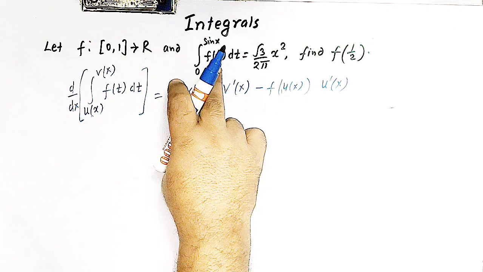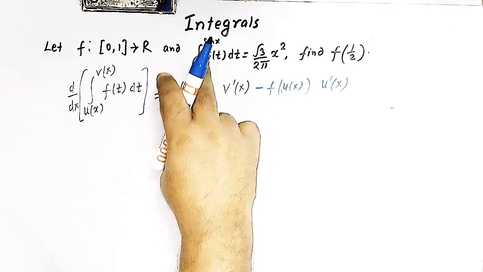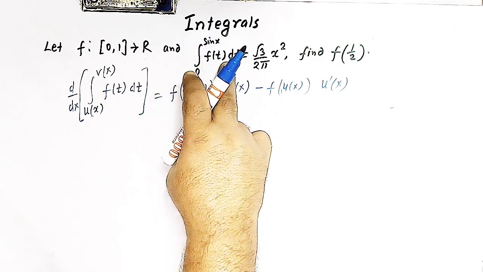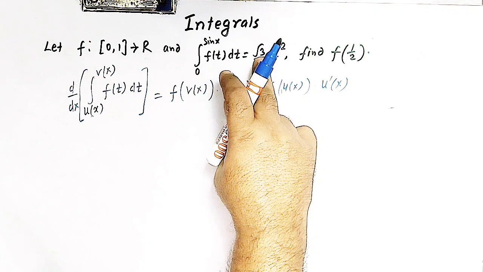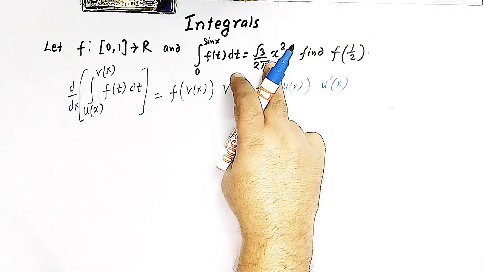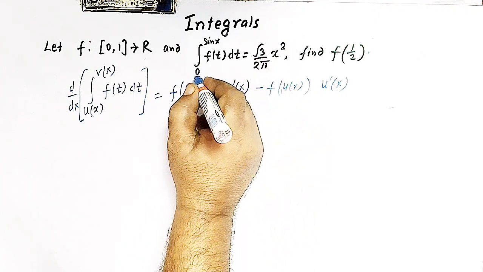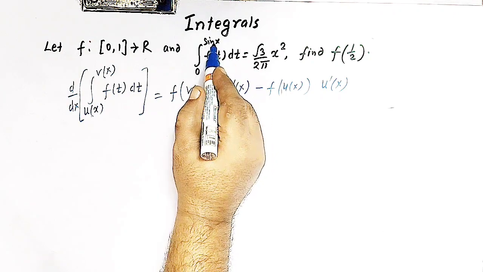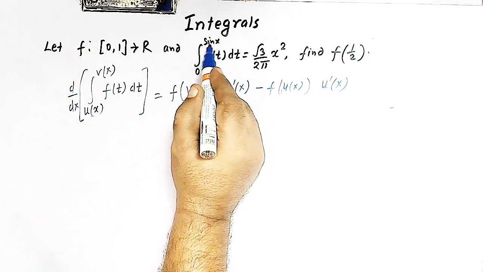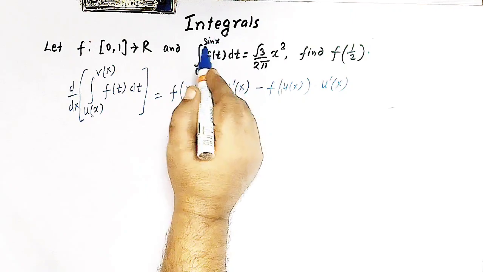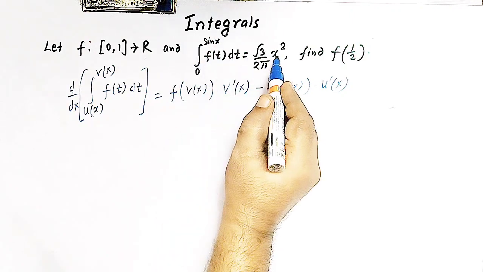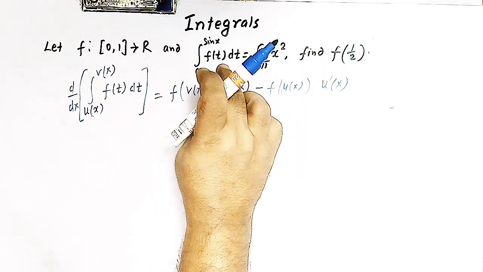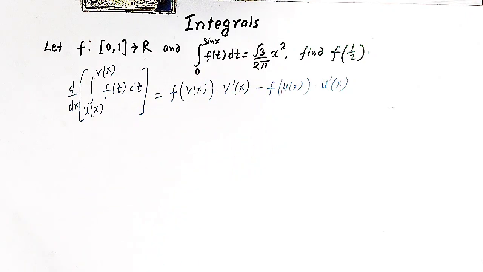Here we are given the integral from 0 to sin x of f(t) dt, equal to square root of 3 over 2 pi x squared. Here the lower limit is 0 and the upper limit is sin x, which is a function of x. So we'll differentiate both sides of this equation with respect to x.